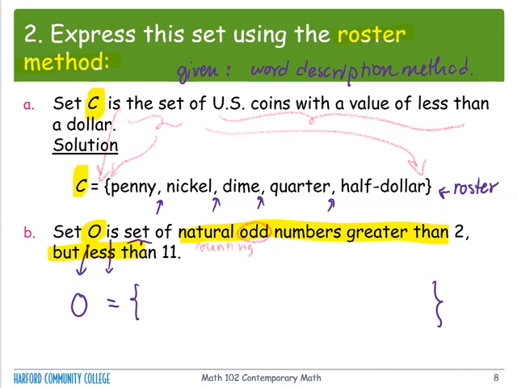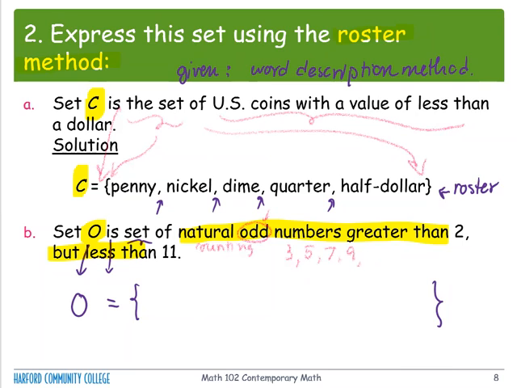And at the same time, 2 is not an odd number. So the number next to 2 that is odd is going to be 3, right? Then keep going, because we're looking for odd numbers beyond 2. So 3, 5, and what else? 7, 9.